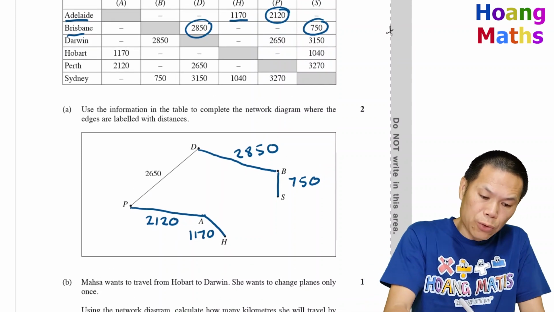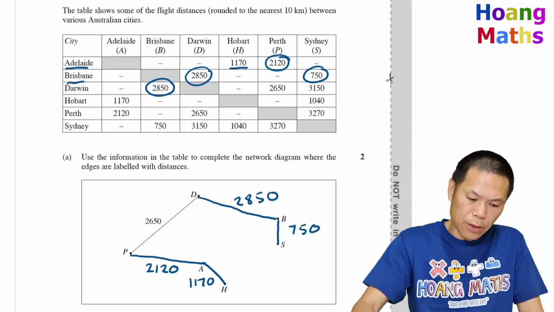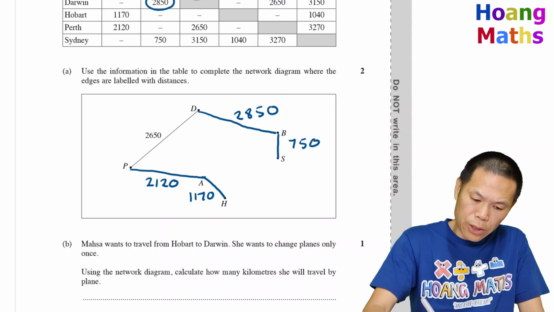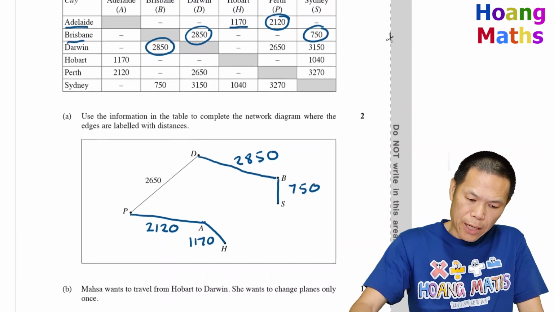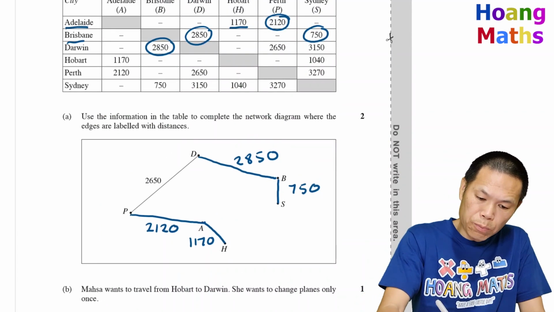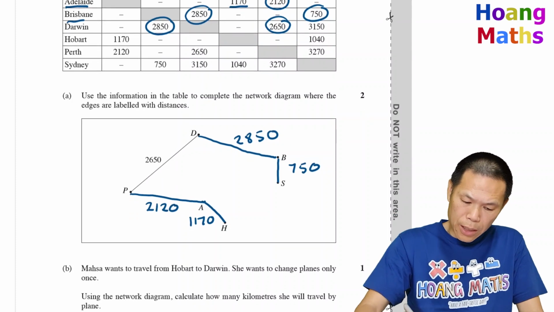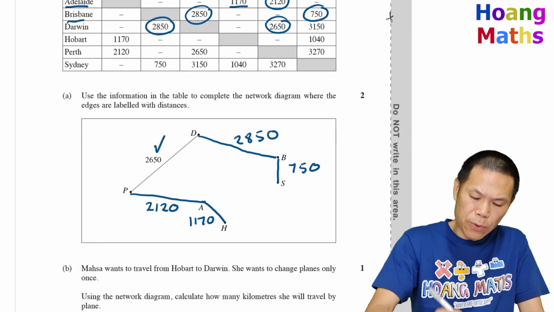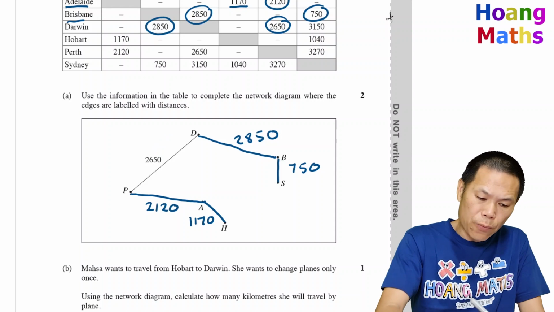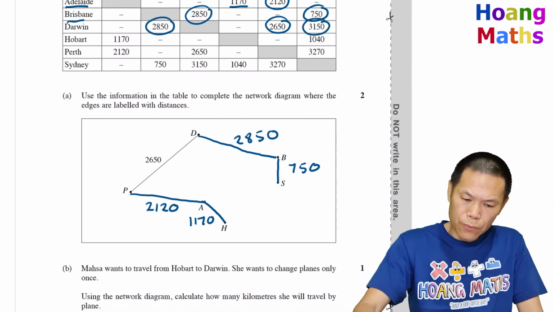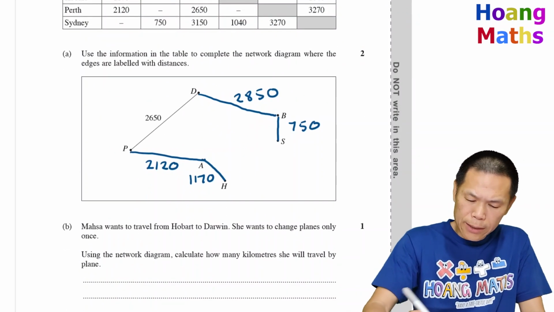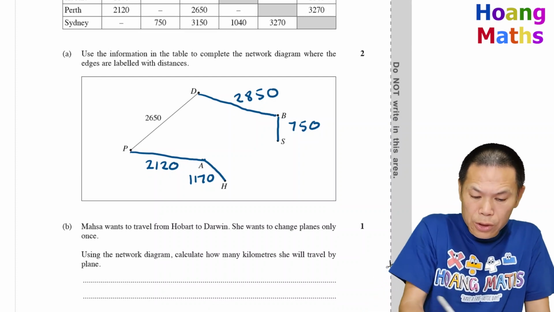And then Darwin to Brisbane, D to B, already done. Then we have D to P, Darwin to Perth, already done here, we can see that. And then now D to S. So D to S is here, so I just need to connect this.